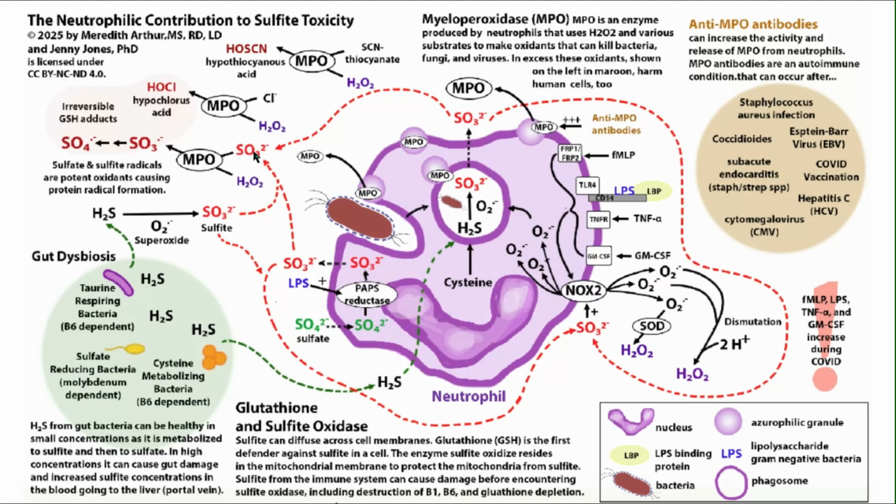But that sulfite can be converted into sulfate and sulfite radicals, and those make irreversible glutathione adducts. So they deplete glutathione. And you need to know that this depletion is happening in your plasma outside of the red blood cell.